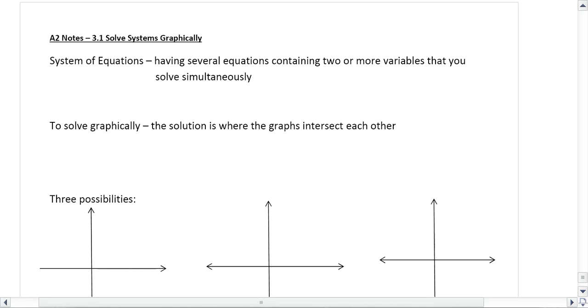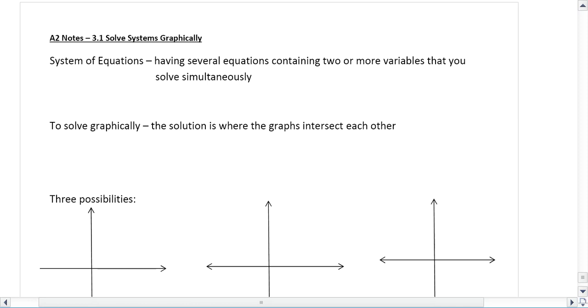This video is for Algebra 2, Chapter 3, Section 1, Solving Systems Graphically. Now we're going to learn many different methods for solving systems of equations, so this is just the first method. A system of equations is defined to be several equations containing two or more variables that we solve simultaneously.